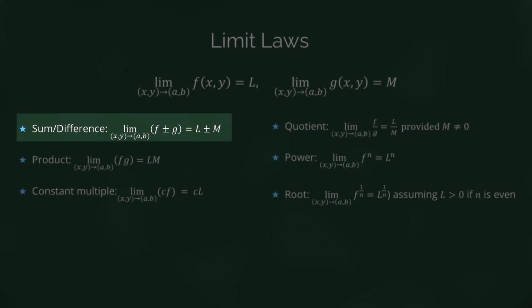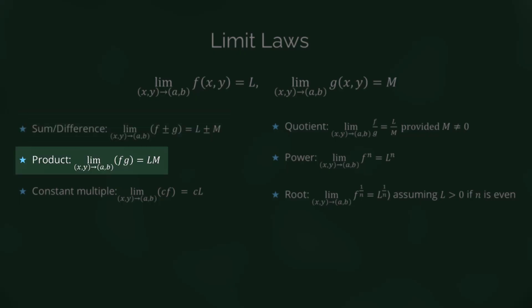When limits of two variable functions do exist, they abide by many of the same laws that we saw for limits of one variable functions. In particular, if we have a function f whose limit as (x, y) approaches (a, b) is L, and another function g whose limit as (x, y) approaches (a, b) is M, then when we add the functions f and g together, or we subtract them, we can add or subtract their limits.